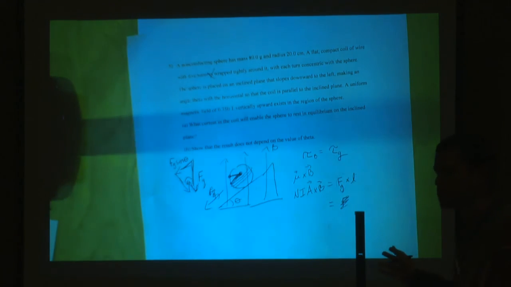Thus, we'll have the magnitude of our force, since the radius is in all directions here, the radius is always perpendicular, okay? But we'll have the magnitude of the force that's going down the slope equal to Fg. Let's break up Fg real quick. What's Fg?